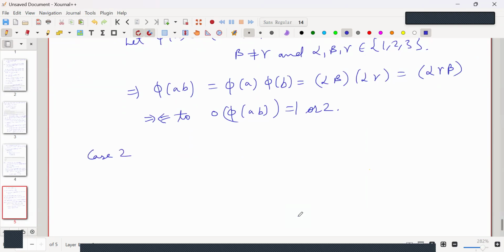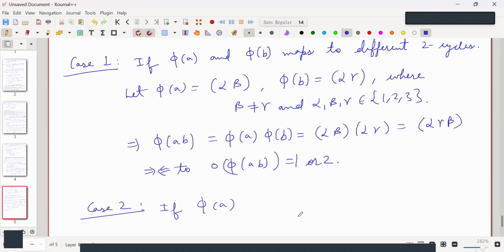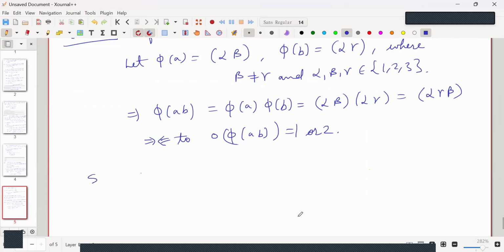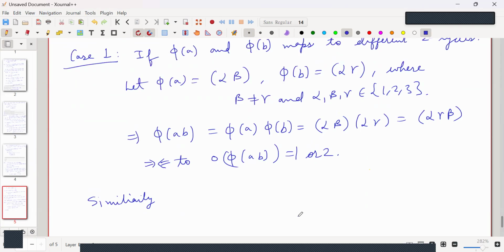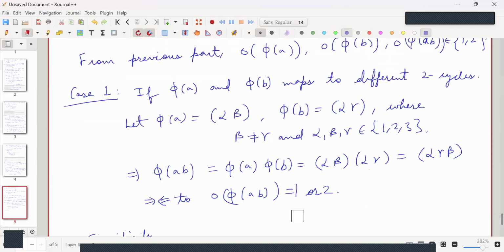Now case 2. Similarly, instead of "maps to", I should write "cannot be", because this is already a map.